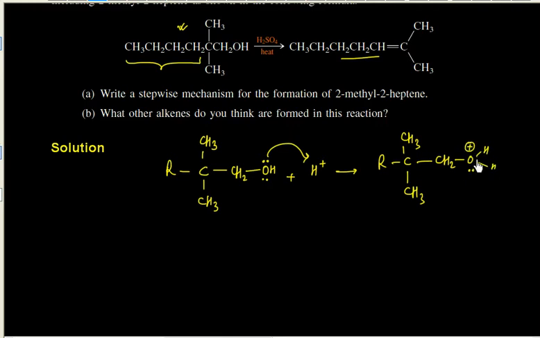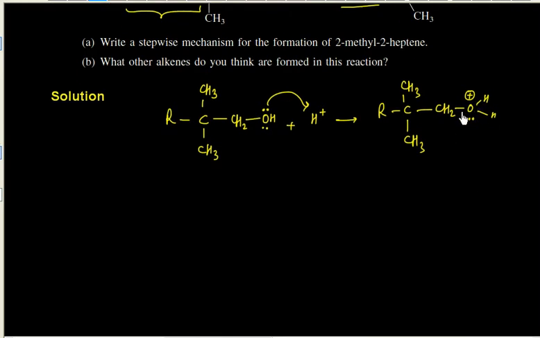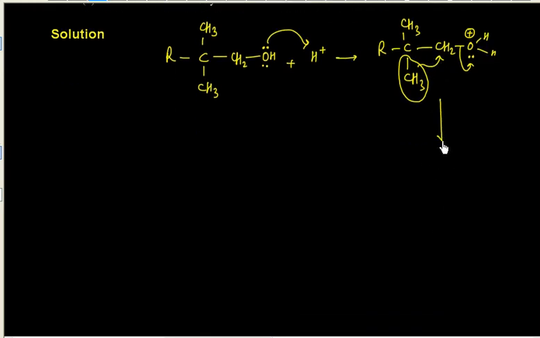If you lose this H2O, at the same time you will have a primary carbocation. Generally a primary carbocation is not very stable, so at the same point of time you can migrate this methyl group here. So this is a methyl shift.